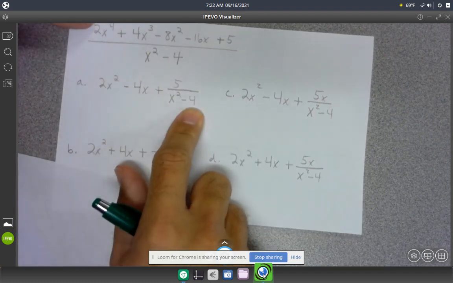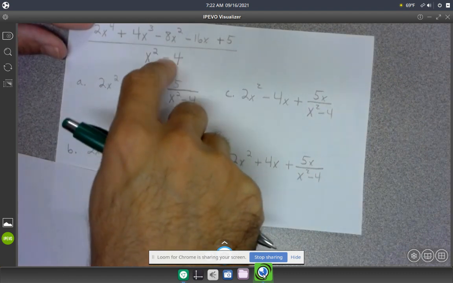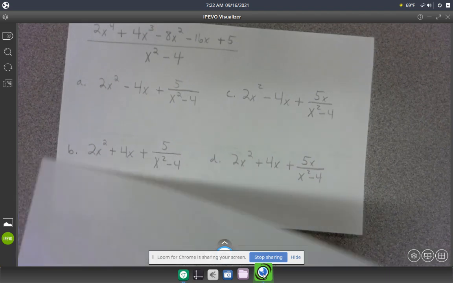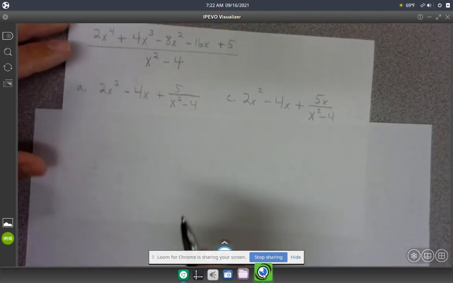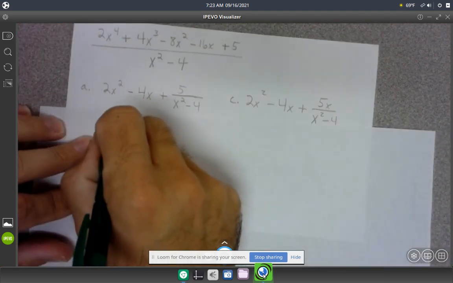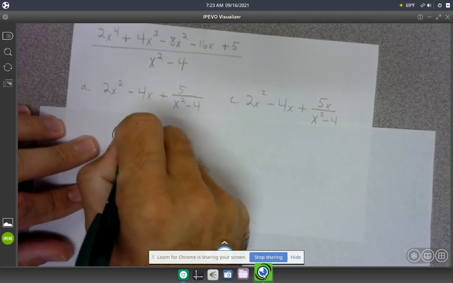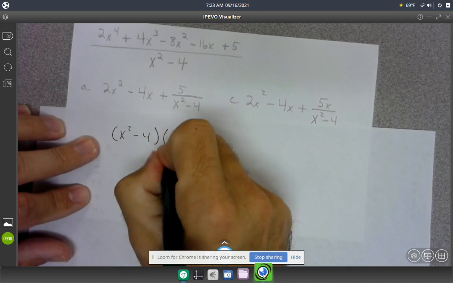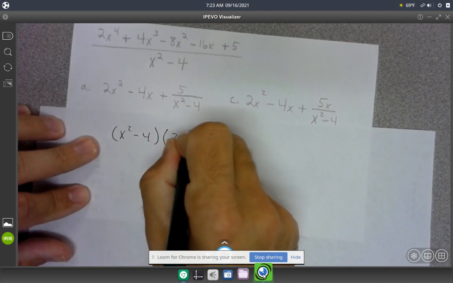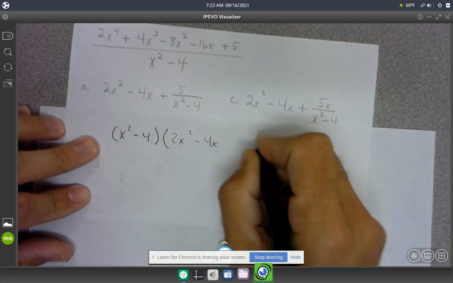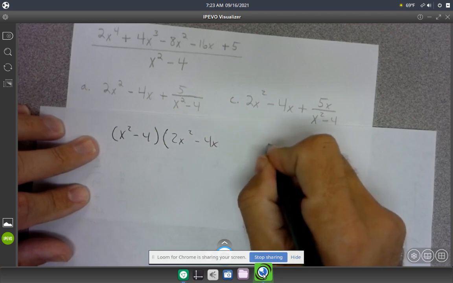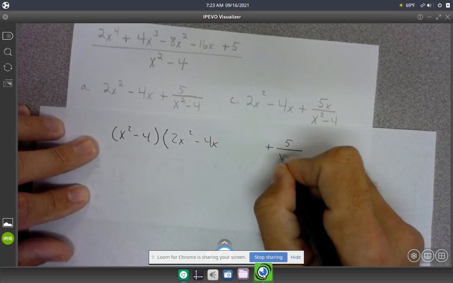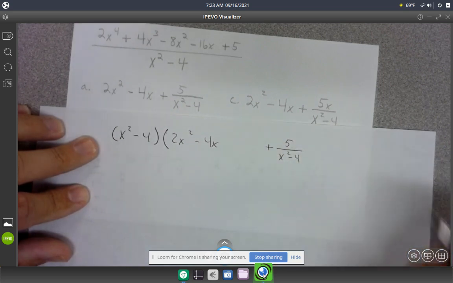That's the idea. Let's go with option A first. So I'm going to do x squared minus 4 multiplied by all this stuff: 2x squared minus 4x. I don't want to make it too scary. So plus 5 over x squared minus 4.